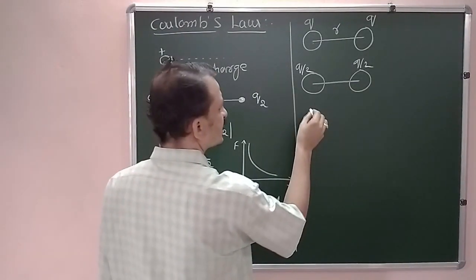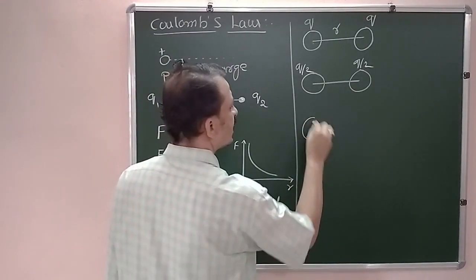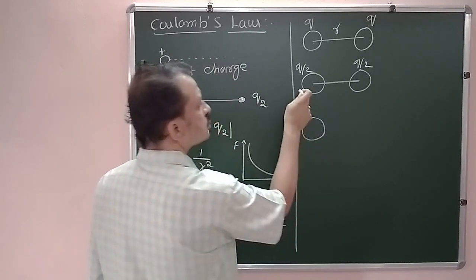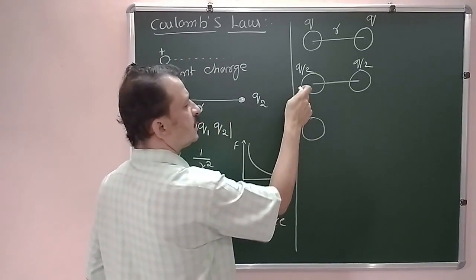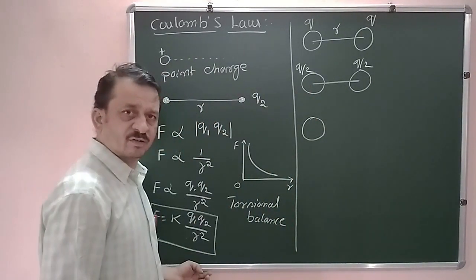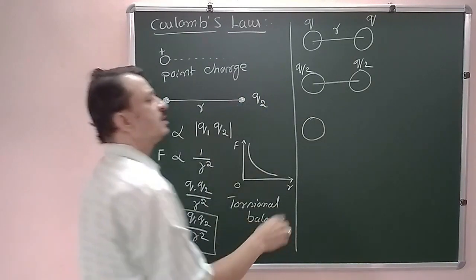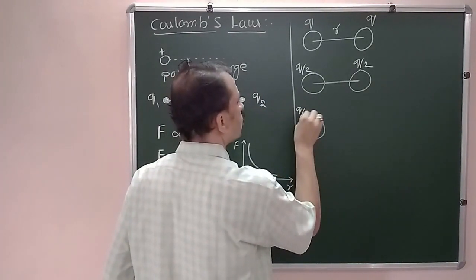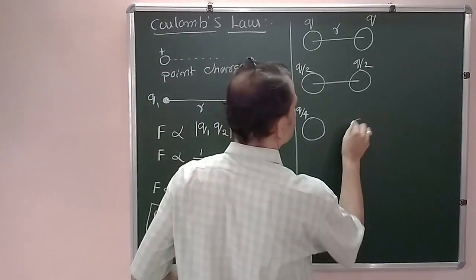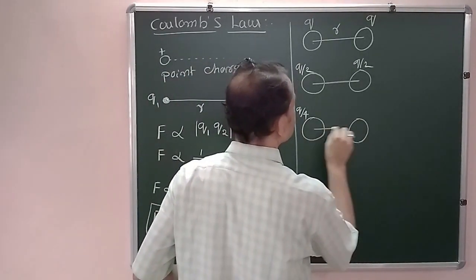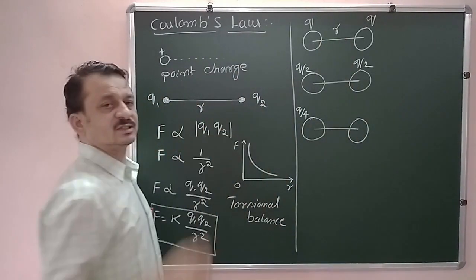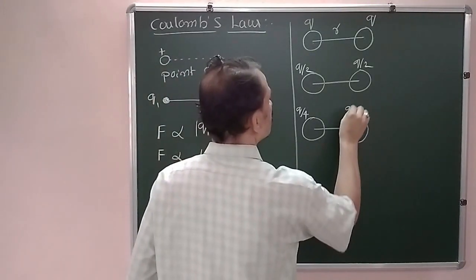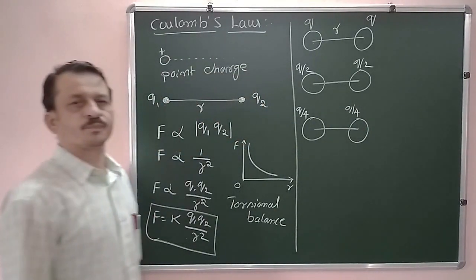Similarly, he has done the same thing. He took another uncharged identical sphere, he touched it to this sphere, then the charges are equally shared. That means charge once again becomes halved, that is 1/4. And he took one more sphere and placed it at the constant distance and worked out what is the force.